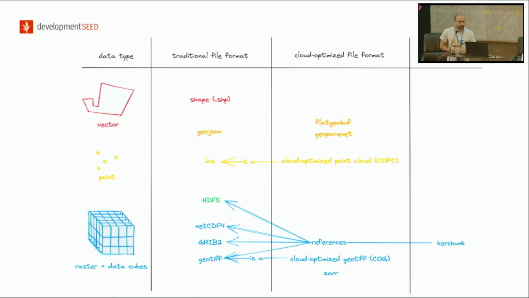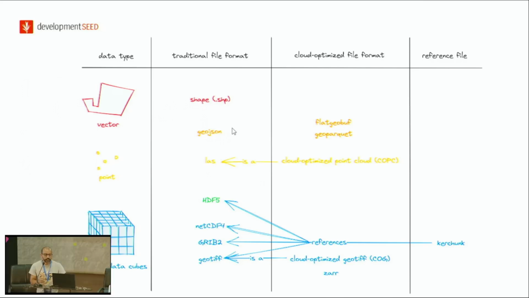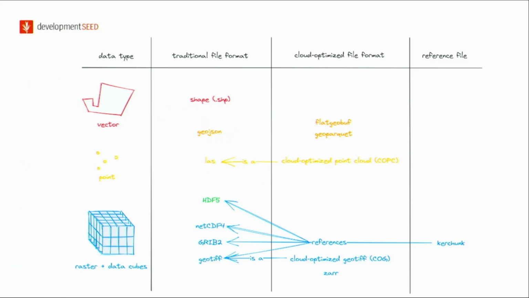So some of the file formats: for vector data, I think most people work with Shapefile or GeoJSON or GeoParquet. The equivalent cloud optimized file formats would be something like FlatGeobuf or GeoParquet.